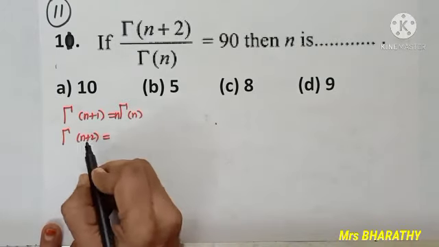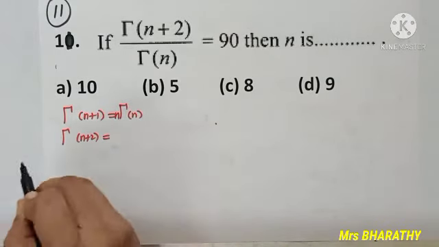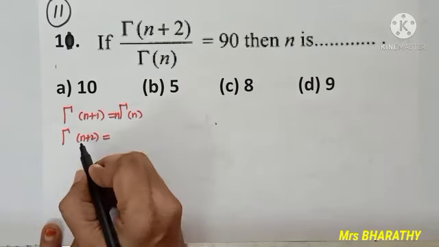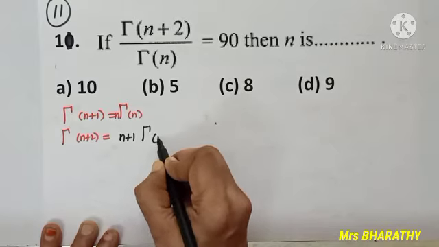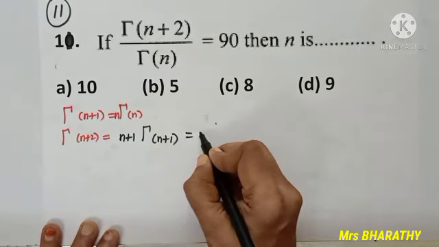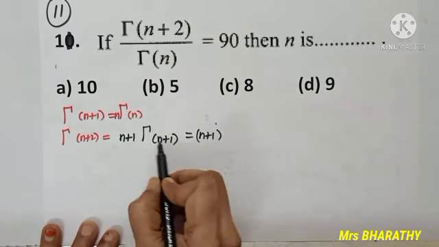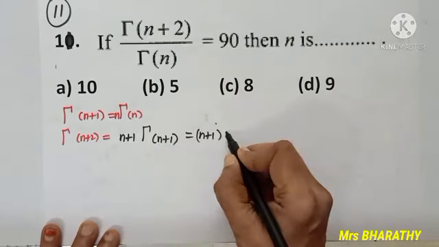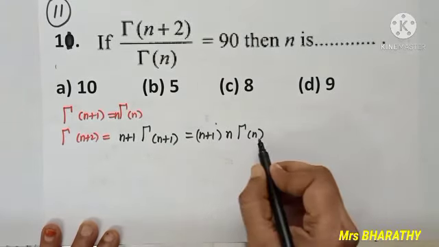So gamma n plus 2 is, what is previous number for n plus 2? N plus 2 minus 1, that is n plus 1. So previous number into gamma of the previous number. But n plus 1 as it is, what is gamma n plus 1? The formula says n into gamma n.